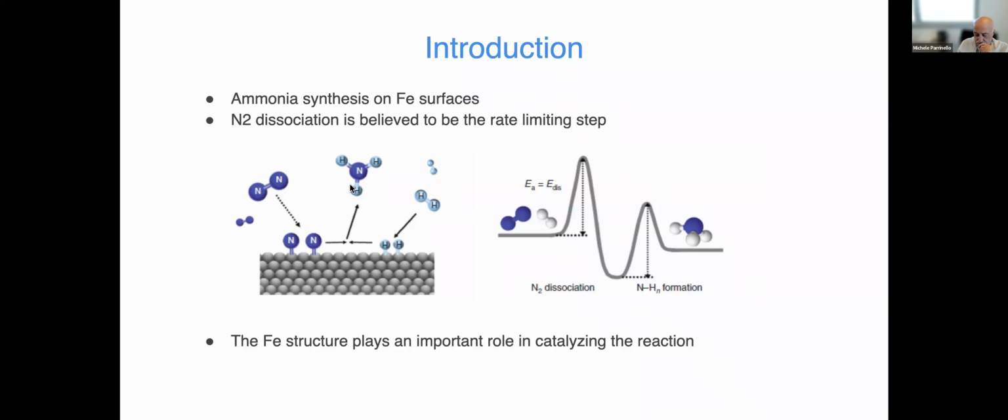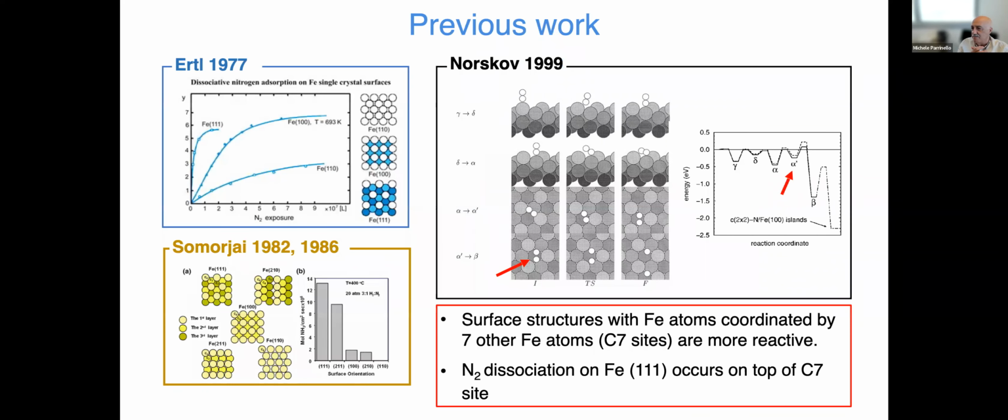Okay. Now the iron structure plays an important role. Different phases have different catalytic properties, which is already interesting. And among the surfaces which are important for the process, there's the 111, the 100, and the 110.